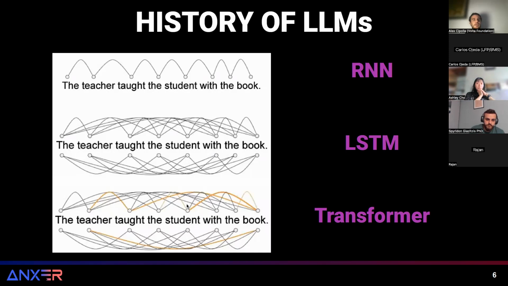If two words are very connected, there is higher attention. This is the game-changing thing, because it is able to understand the context in which this thing happened without needing a lot of input before, without needing a lot of computer usage. At the end of the day, as I said before, this is statistics.